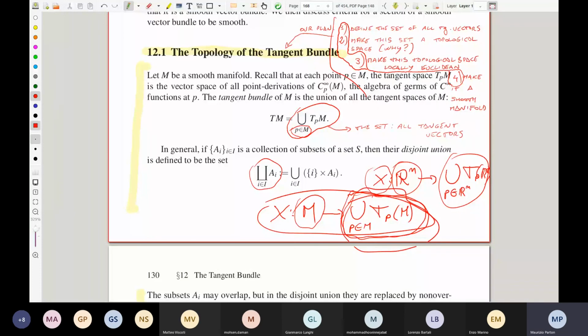Well, first define the set, and we already did this. This is the set that must become a manifold. Before being a manifold, you need to make this set a topological space, right? And then this topological space should look like Rn.